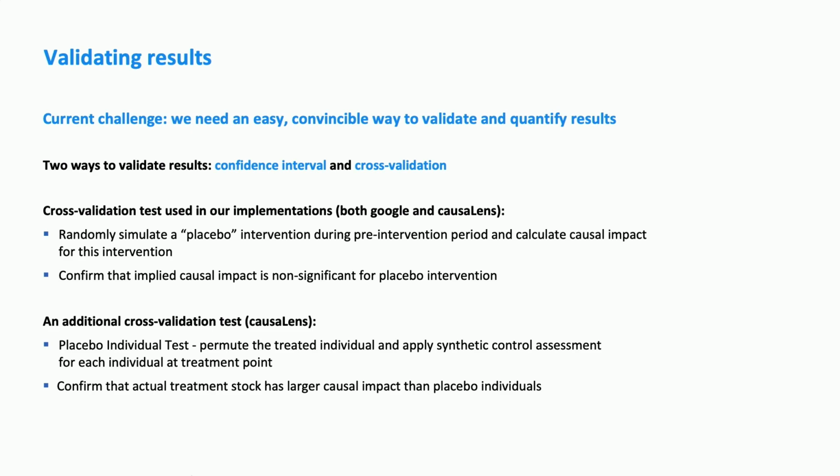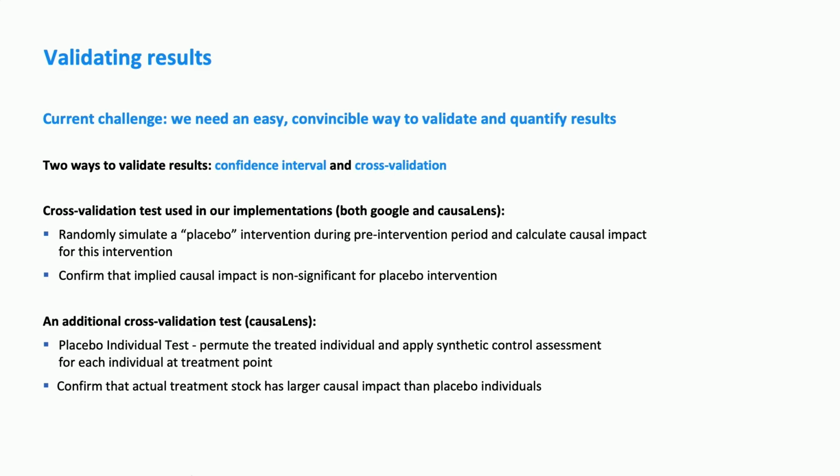But then we want to see how the model reacts to a placebo event. And the output for that test is something called post-pre-RMSE, root mean square error. So we want to look at the root mean square error difference between post-placebo intervention and pre-placebo intervention. We assume they're going to stay alike.